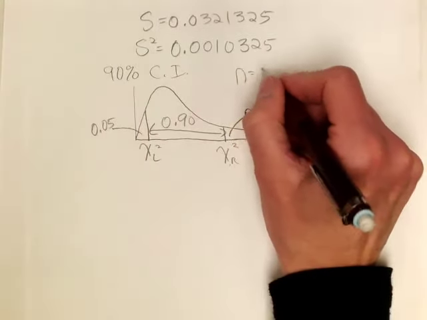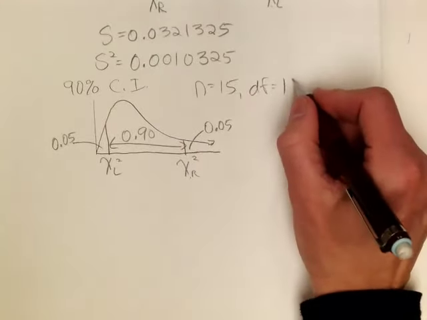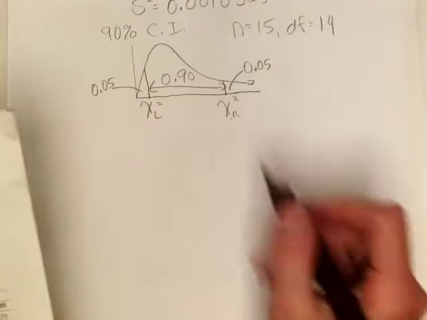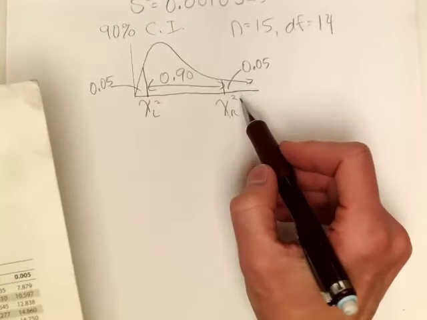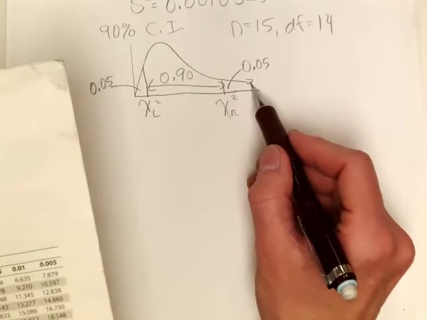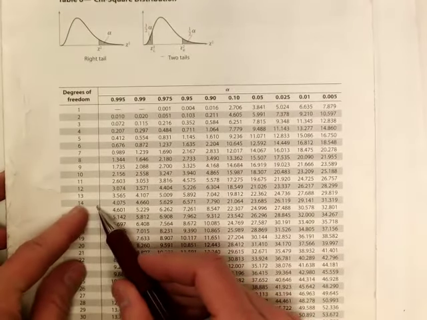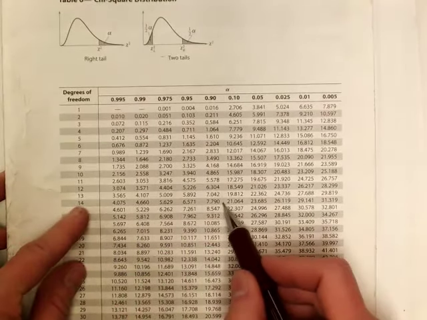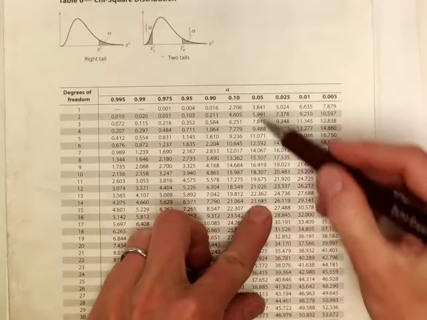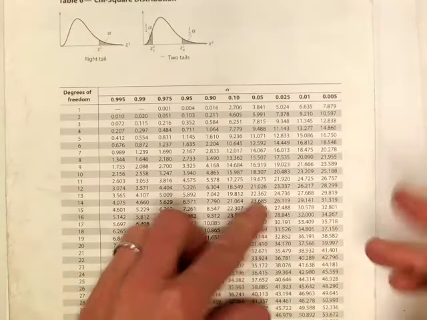If n is 15, then our degrees of freedom will be equal to 14, n minus 1. So I want to get this upper critical value. I read down to 14 degrees of freedom and 0.05 area to the right. It's kind of hard to read, but I get a value of 23.685.